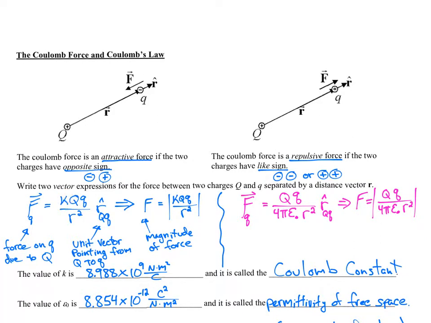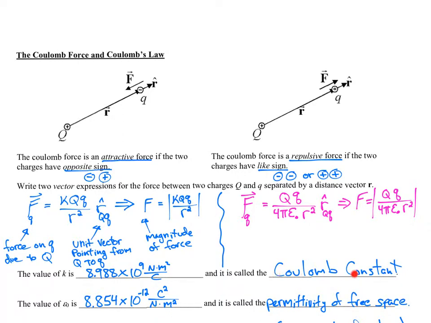Basically, anytime you have an epsilon naught in an equation, you could use a k, or anytime you have a k, you could use an epsilon naught by the relationship that k equals 1 over 4 pi epsilon naught. It's just a matter of which one's more convenient.